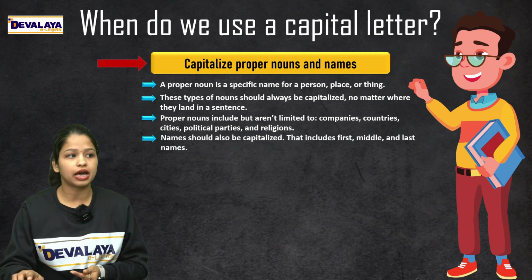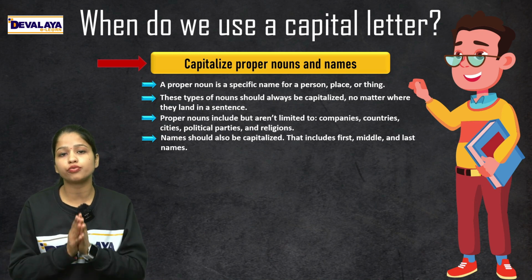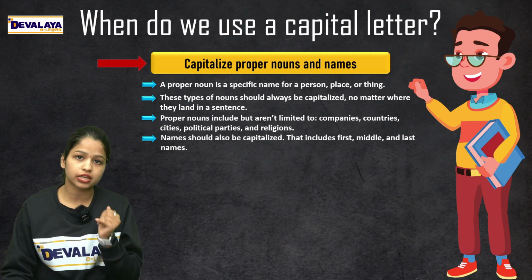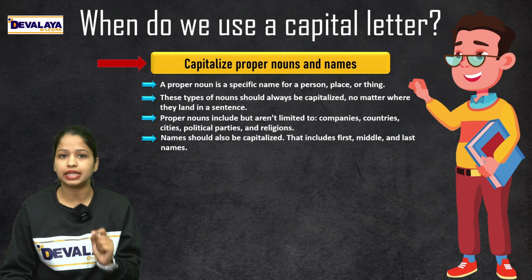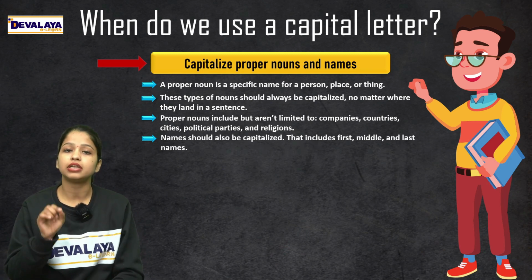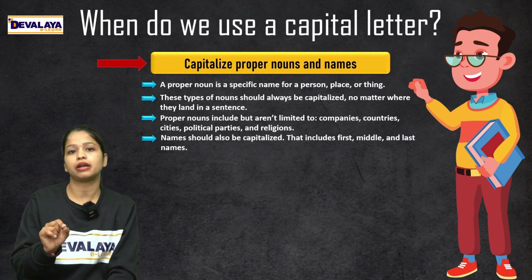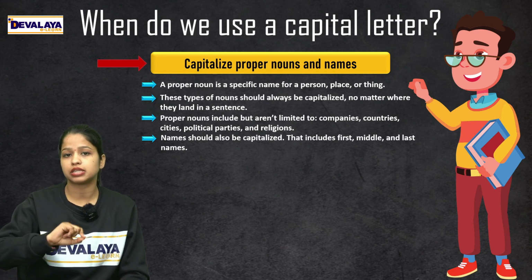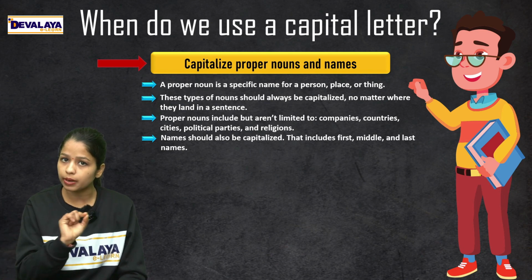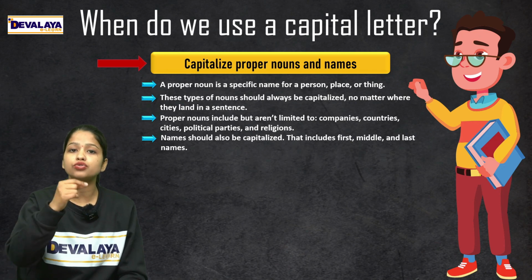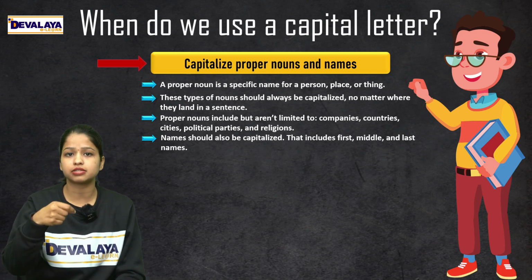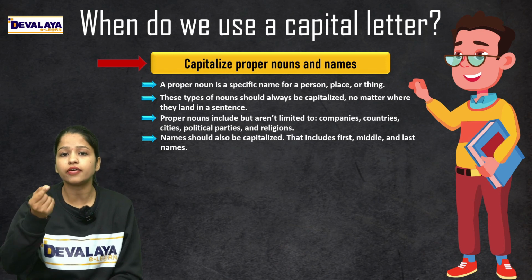Clear? Now, next is names should also be capitalized. As I've just given you the example of Smitha, right? So whenever you are using any name, at that time the name's first letter should be capital. If you are using my name, that is Bharti, you are going to capitalize the first letter of my name, that is B. If you are using your name in a sentence, let's suppose that your name is Ravi, right?